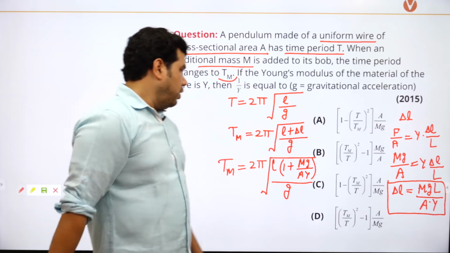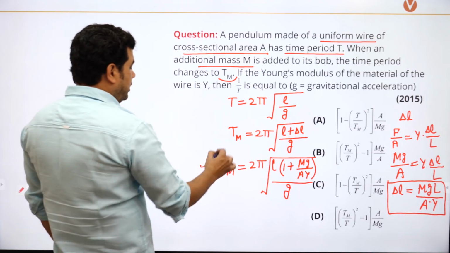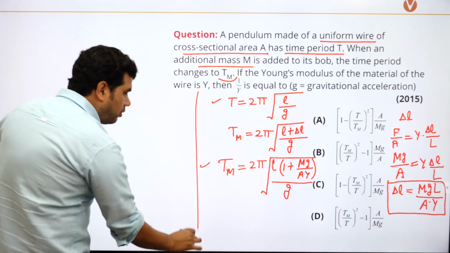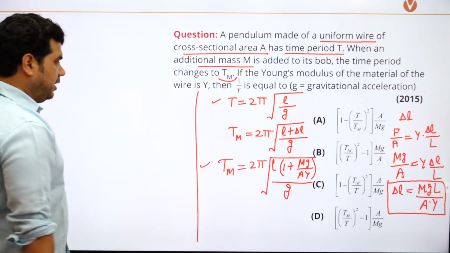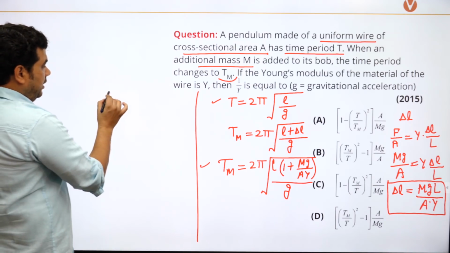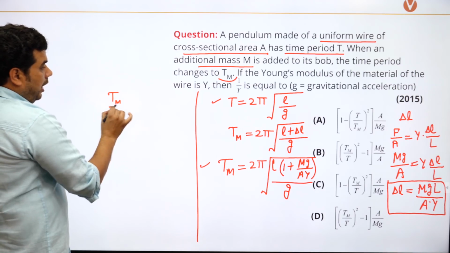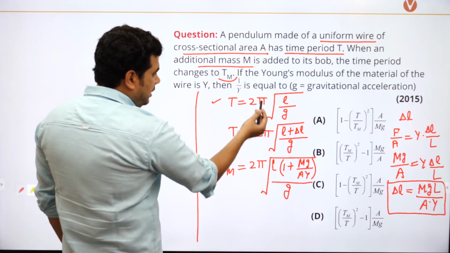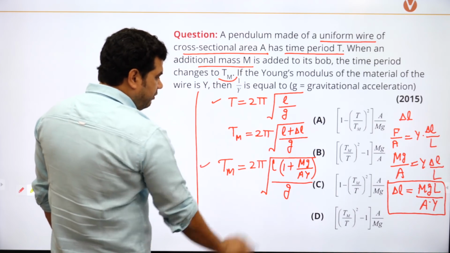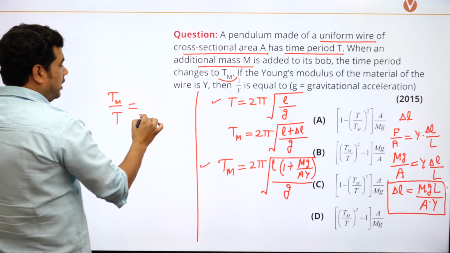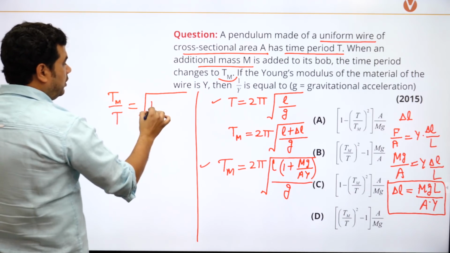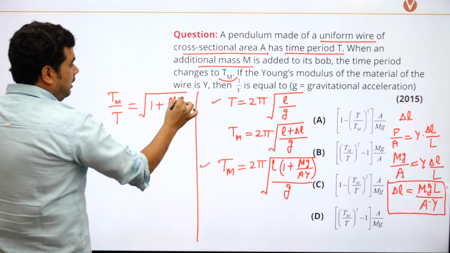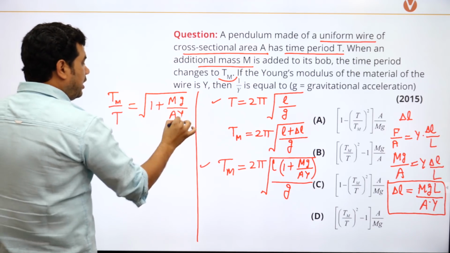Now, if we divide this and this, then what will we get? If we divide Tm by T, then we'll get Tm upon T is equal to, 2 pi will be cancelled out, root L, root G will be cancelled out, and we get only root of 1 plus mg divided by A Y.